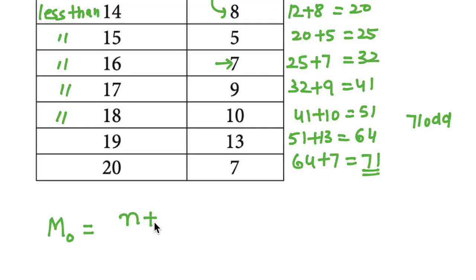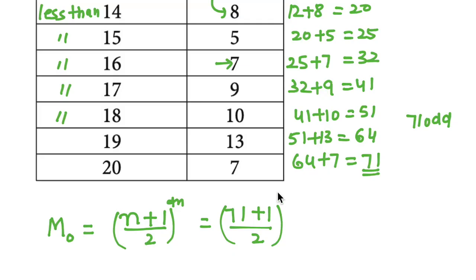For odd numbers, it is the n plus 1 by 2th observation. What is n here? 71 plus 1 by 2th observation. That means the 36th observation. Now again, we have to find out which one will be the 36th observation.